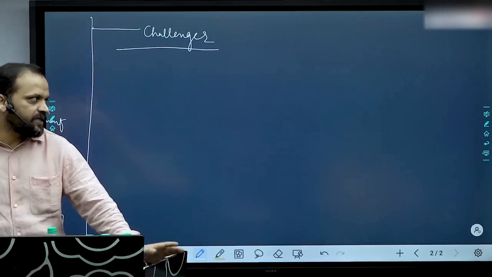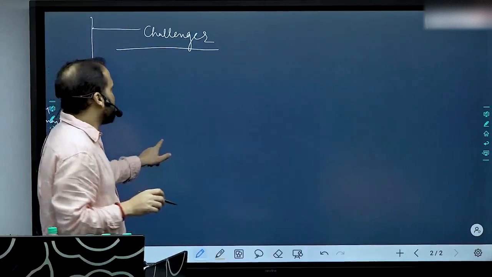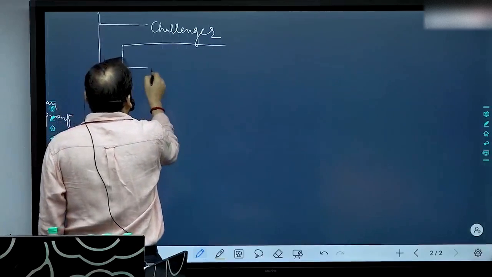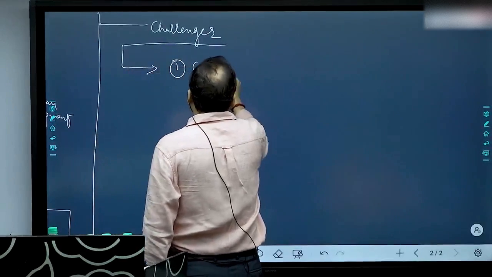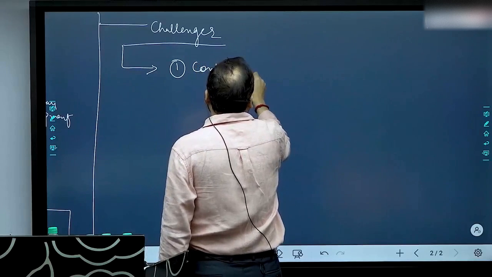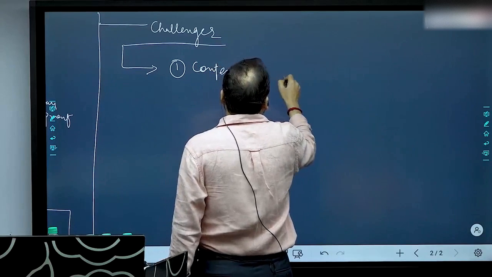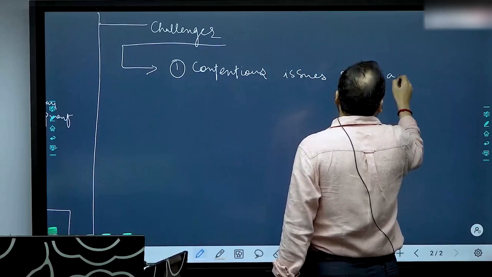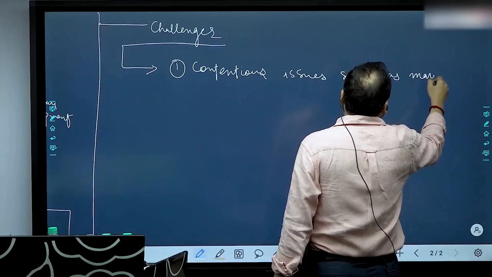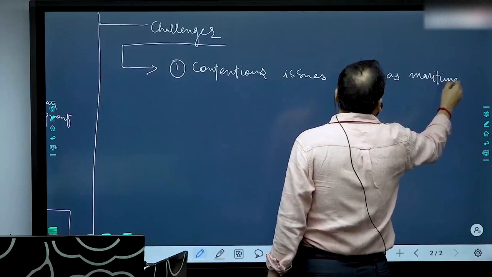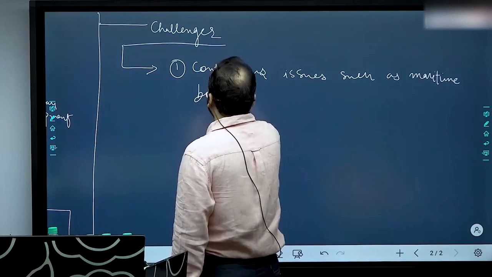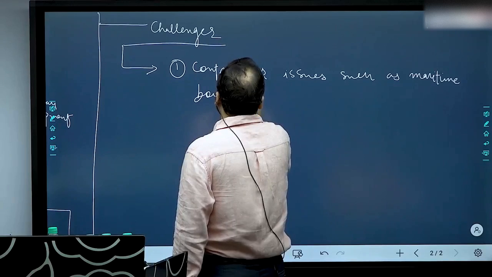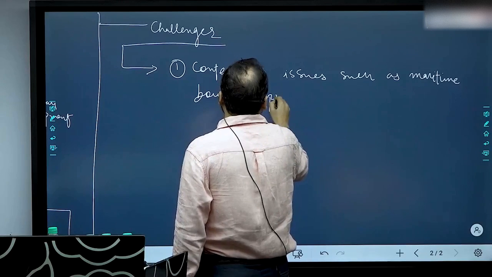All right, what is it that you will see as challenges? Number one, you have contentious issues such as maritime boundary disputes.